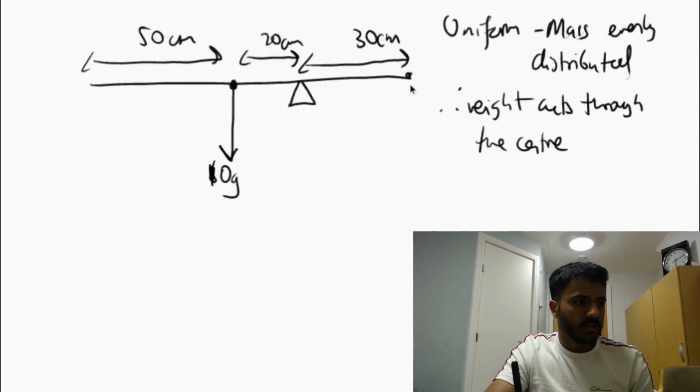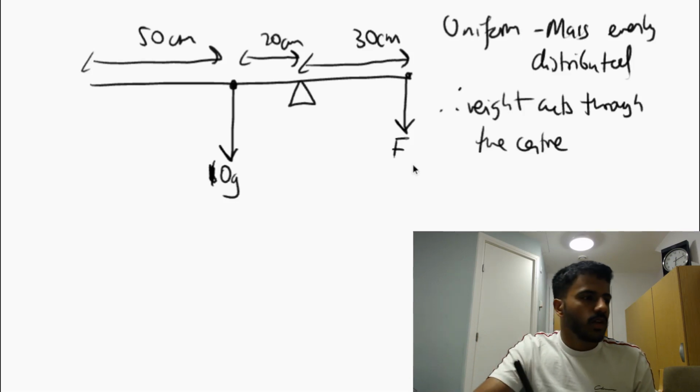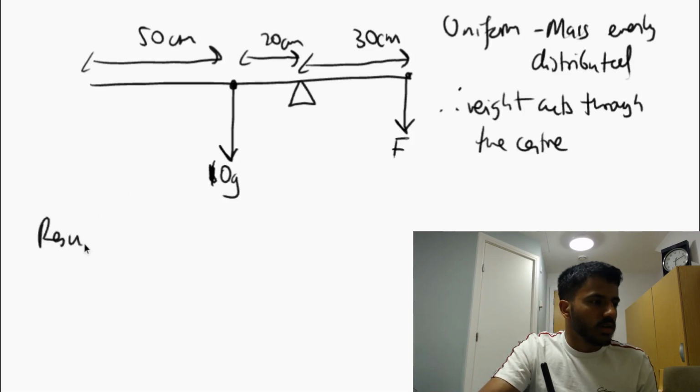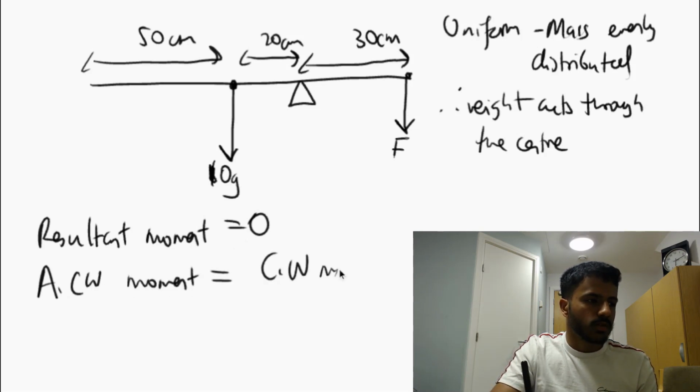What force do I have to apply at this end in order to balance the moments? Now, at an equilibrium position, the resultant moment must be zero. So you can therefore say that the anti-clockwise moment is equal to the clockwise moment.